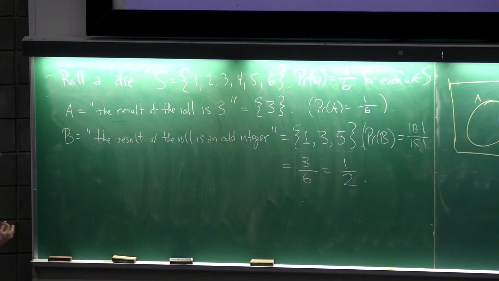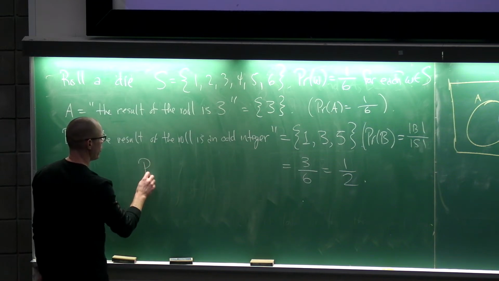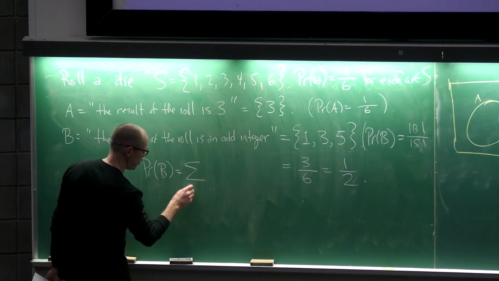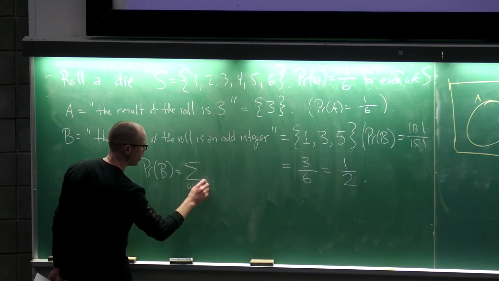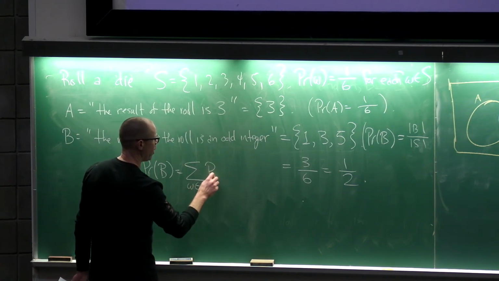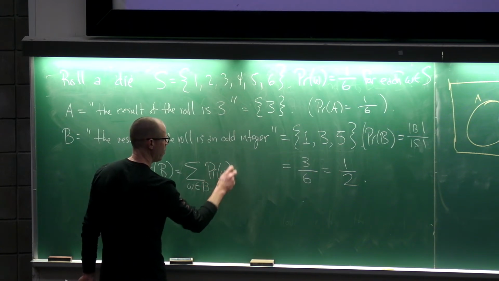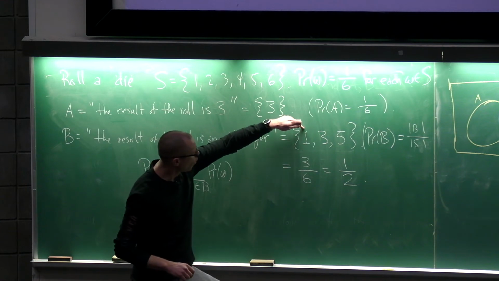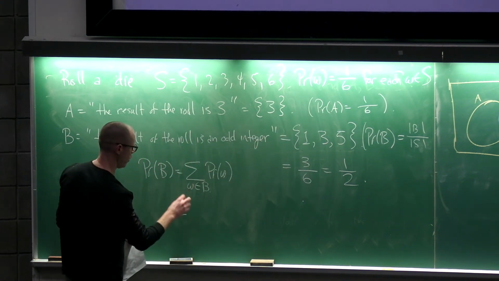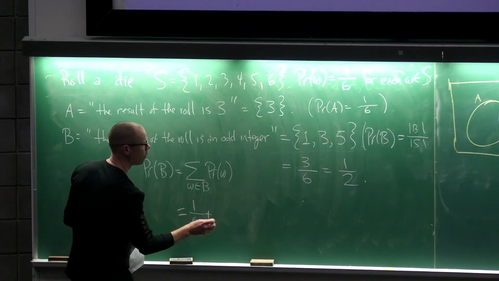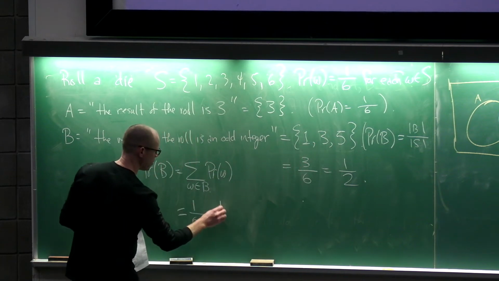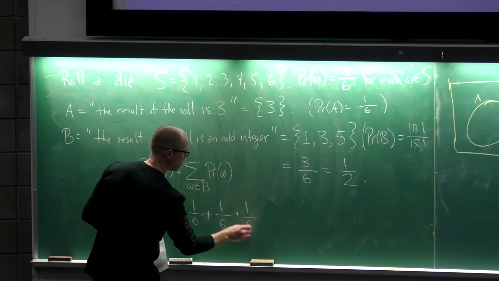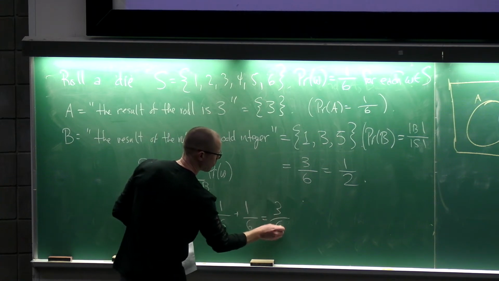Or go right back to the definition: the probability of B is equal to the sum over every outcome in B of the probability of that outcome. And that sum is 1/6 plus 1/6 plus 1/6, which is 3/6.